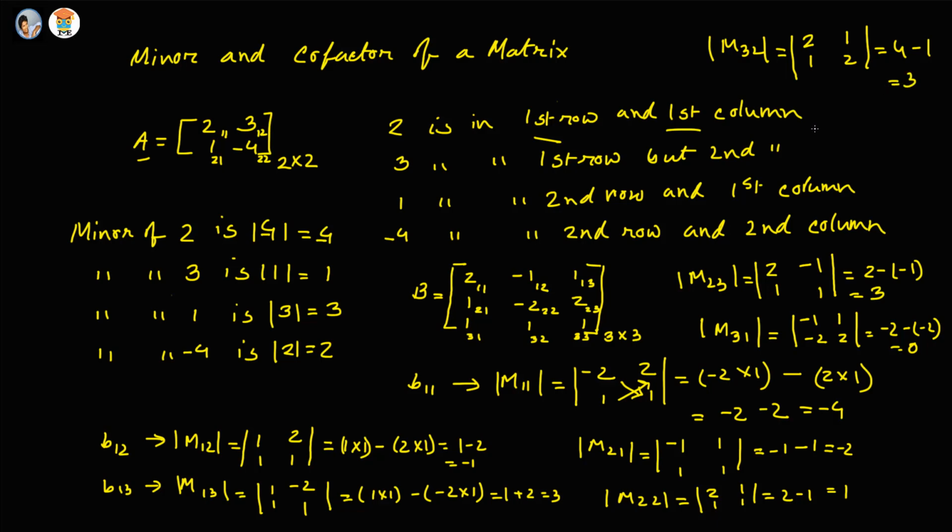And the last one, minor for the element 33, will be M33, which will be equal to, we will not consider the third row and the third column, so this will be 2, this will be 1, this will be minus 1, and this will be minus 2. So here we will have 2 multiplied by minus 2 is minus 4 minus minus 1. Therefore, this is minus 4 plus 1, this is minus 3.